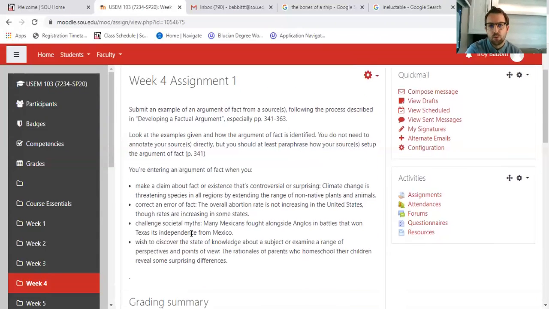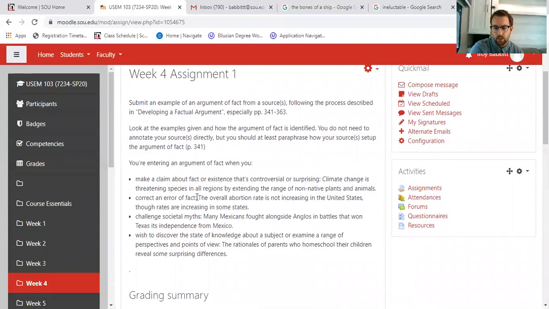And I posted the 4 ways that are in the guide that are presented for how arguments of fact are initiated. So again, pay close attention to those examples, because those will help you locate arguments of fact in your sources and in your own arguments. The reason we're focusing on arguments of fact is that you are most likely going to present arguments of fact in your fuse.